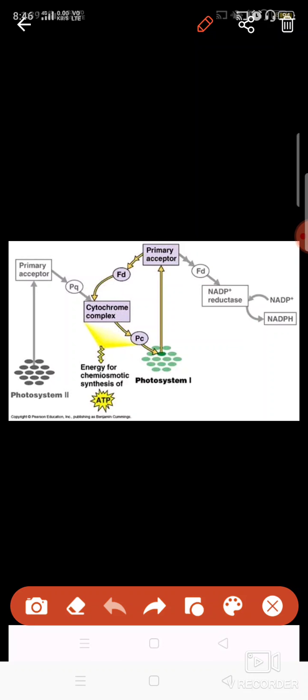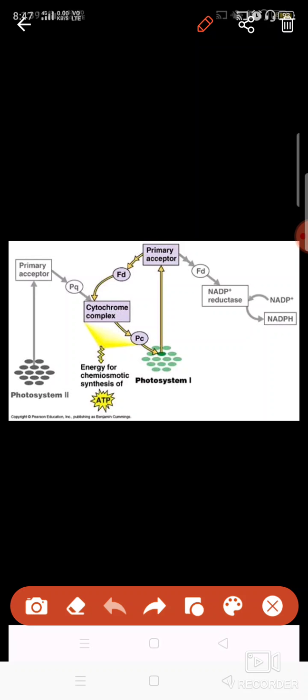This hydrogen is utilized here, and NADP is converted into NADPH, nicotinamide adenine dinucleotide phosphate, in its reduced form. When H is added to anything, it acts as a reducing agent. This NADPH will be used in the reduction of carbon dioxide to glucose.